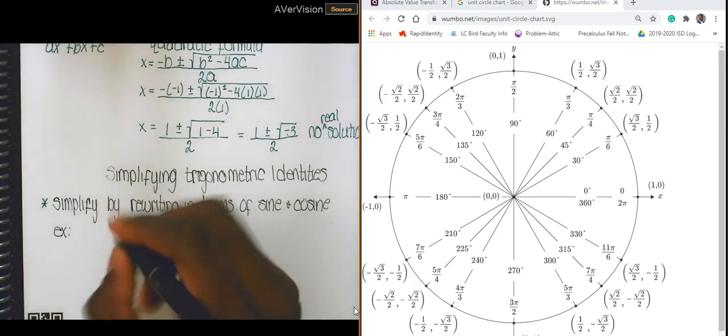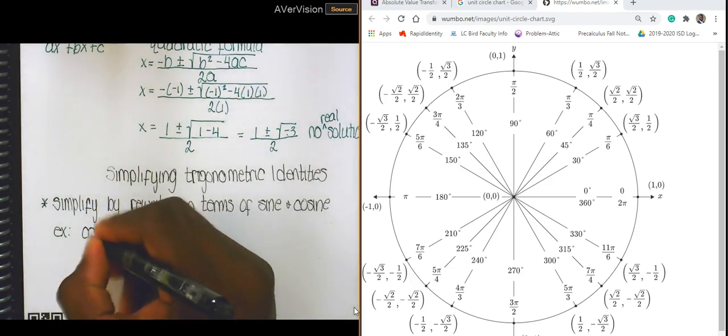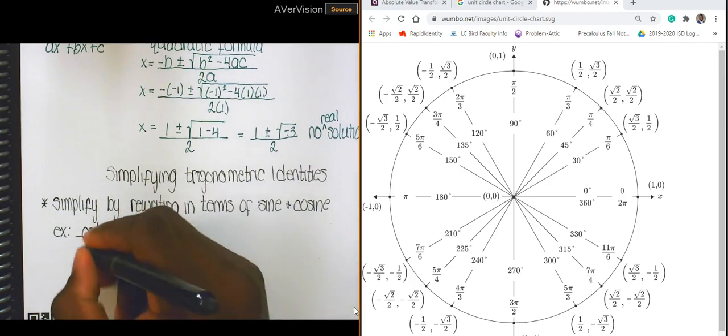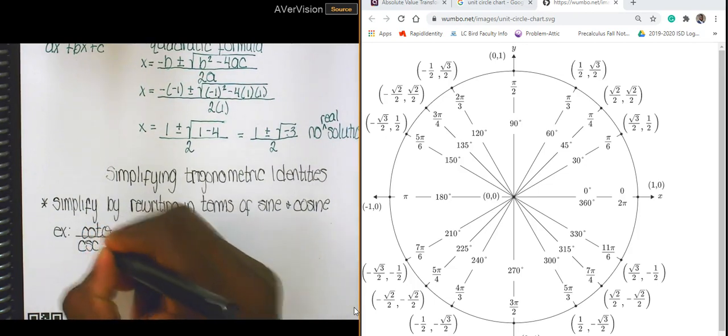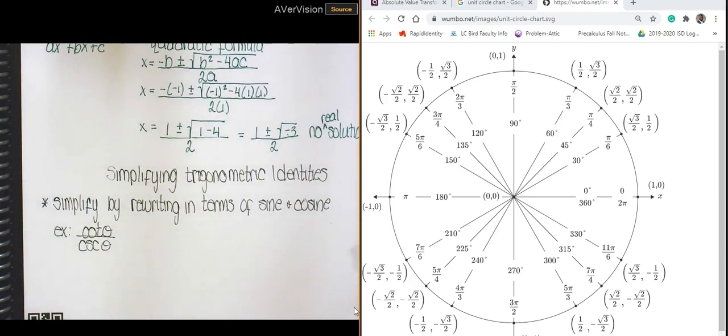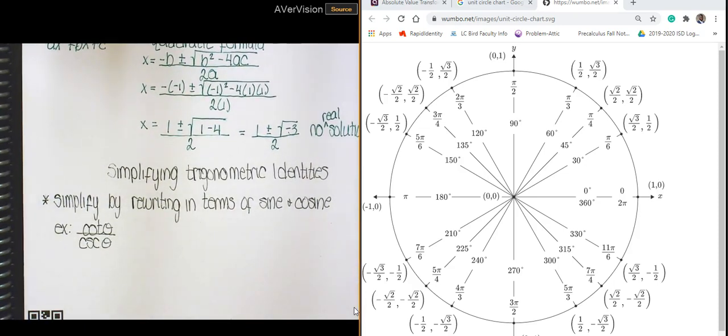All right, so let's look at an example. We have cotangent theta divided by cosecant theta. We want to simplify this.